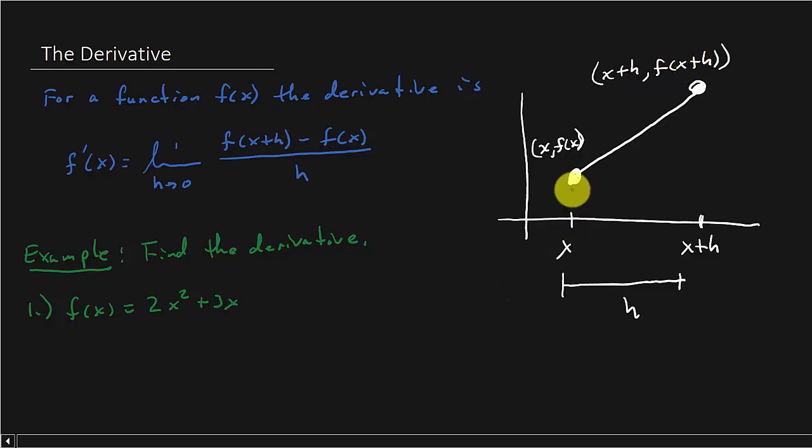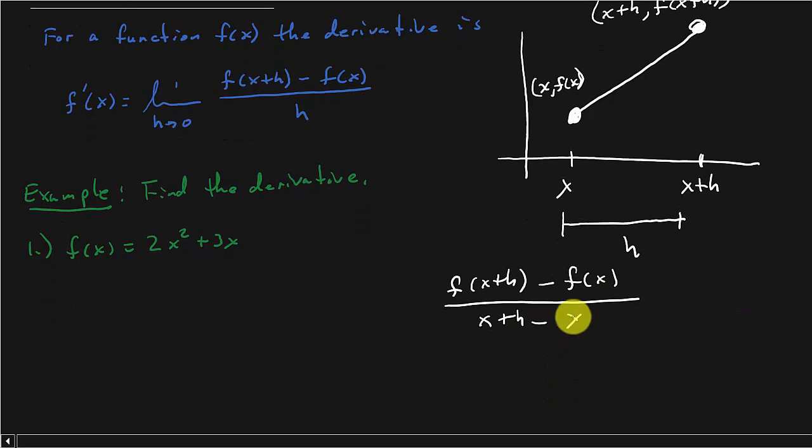If you look at the slope of this line, remember the slope of a line, if you're given 2 points, is y2 minus y1 over x2 minus x1. So this is actually equal to f of x plus h minus f of x, and you see the x's cancel out and you're left with h in the bottom. Basically what we're doing is making the distance between these two x values go to 0. See, h is going to 0, so that distance is getting smaller and smaller.